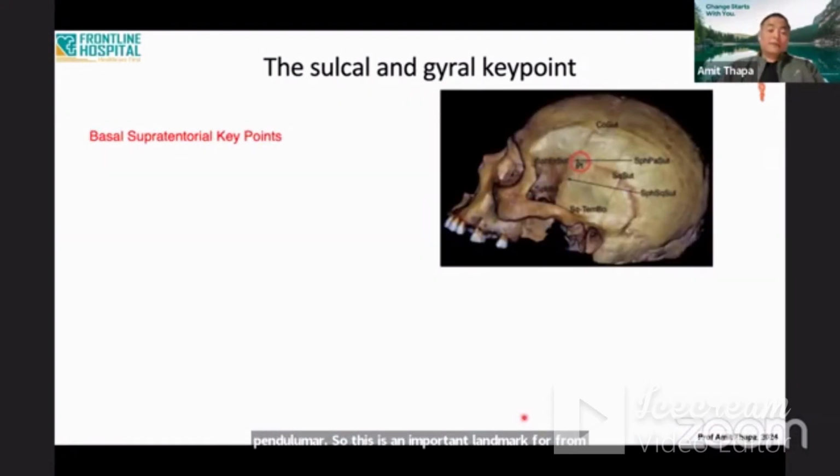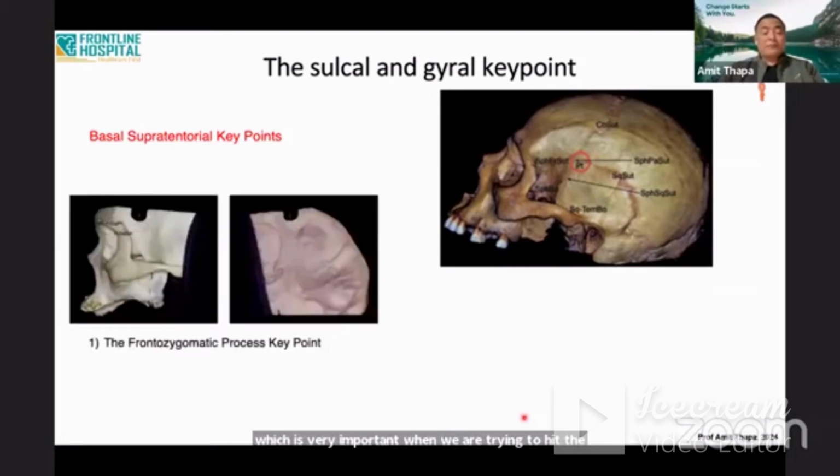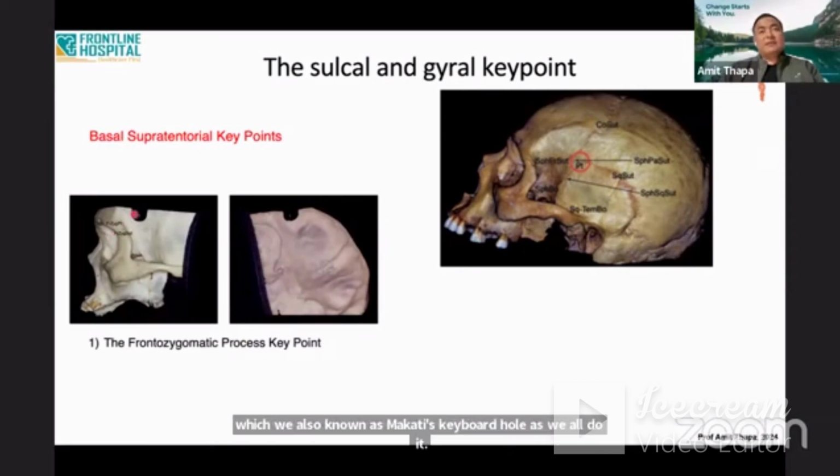So this is an important landmark from the occipital approaches point of view. Now, there are certain basal supratentorial key points, which are very important when we are trying to hit the anterior, middle, or the posterior skull base. So it starts with the fronto-zygomatic process key point, which we also know as McCarthy's keyhole, as we all do it. But then there have been variations in the literature.